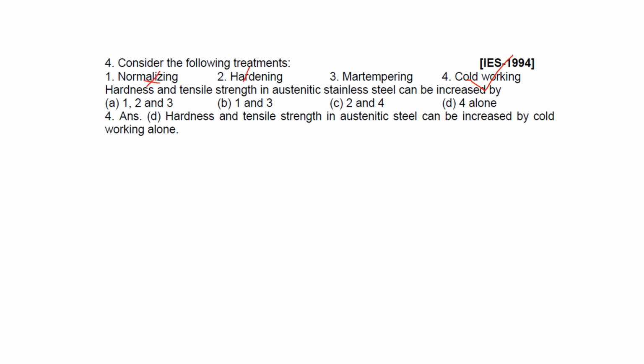Normalizing, hardening, tempering are not going to help for hardness and tensile strength. This will be done by cold working only. Cold working means working the metal below the recrystallization temperature. So the hardness and tensile strength in austenitic steel can be increased by cold working alone.